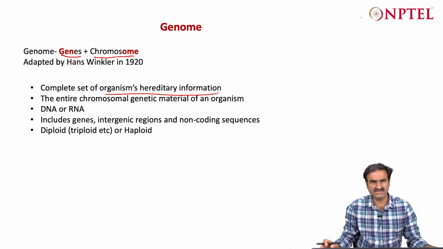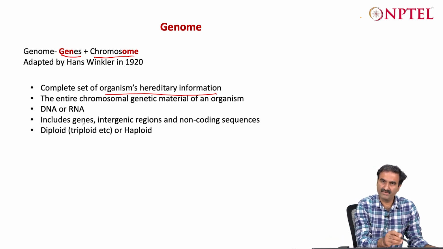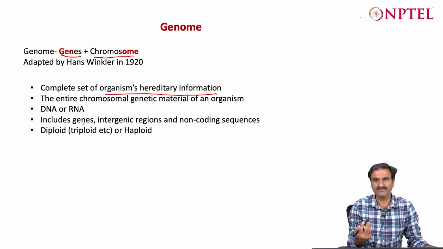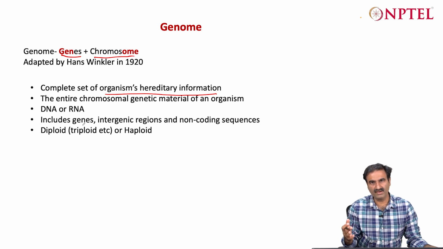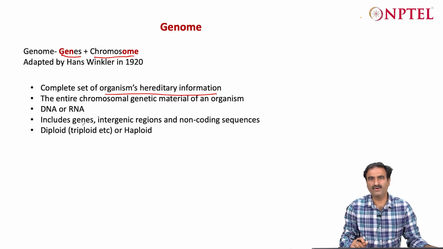Sometimes the genetic material is DNA, sometimes it is RNA, in case of viruses, for example. So that is also the genome, and it includes the chromosomal DNA, that will contain genes, the non-coding regions, the intergenic regions, repetitive sequences.